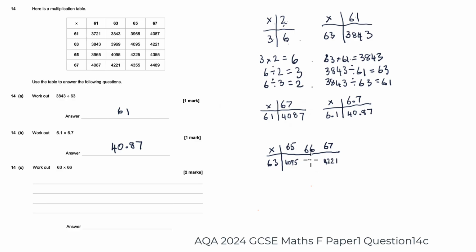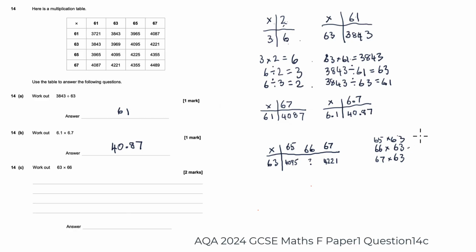So the question is, what on earth is that missing number? Well, again, there's several ways of doing that. One of the ways could be to say, well, look, this tells us this 4095 is 65 lots of 63. This one tells us 67 lots of 63. In between, 66 lots of 63, that would be one more 63 than 65 lots of 63.